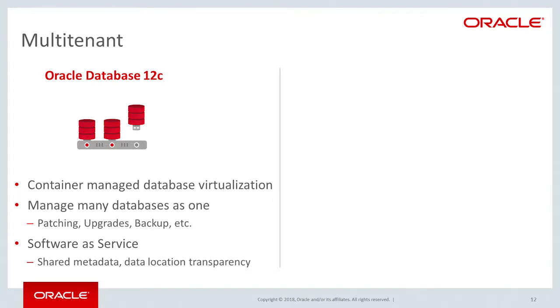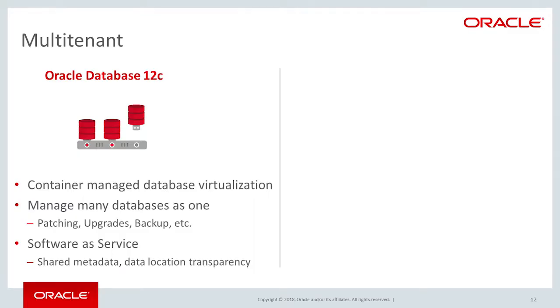So let's go through some of the key focus areas of Oracle Database 18c, and compare it with what already exists in Oracle Database 12c. I mentioned earlier that Oracle Database 12c introduced the new multi-tenant architecture.